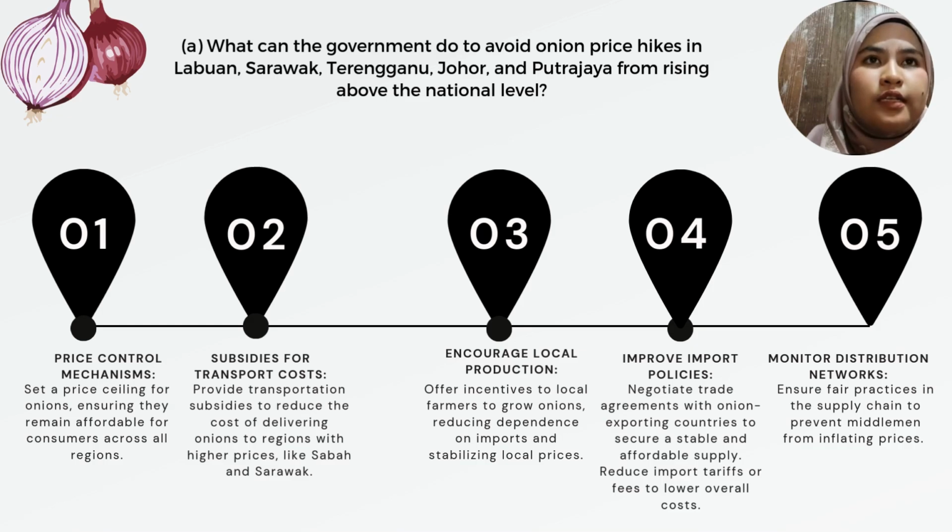The fourth step that the government can do is improve import policies, and the last one is to monitor distribution networks so the government can ensure fair practices in the supply chain to prevent middlemen from inflating prices.